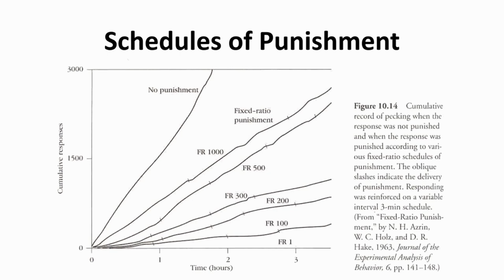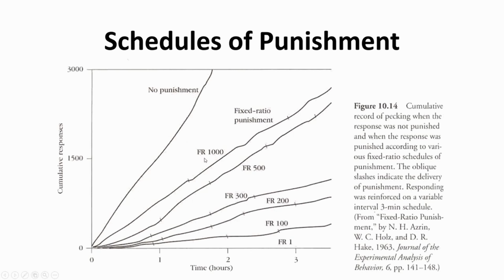It is interesting to note that even on a fixed ratio of 1,000, meaning that 1 in every 1,000 responses was being punished, we still do see some decrease in that responding behavior. So this slope is not as steep as a no punishment situation.